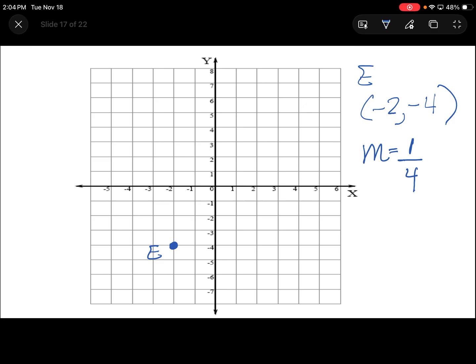So if you know what M means, rise over run, you should be able to give me another point. I'm going to go up 1 and over 4. Where would I be?